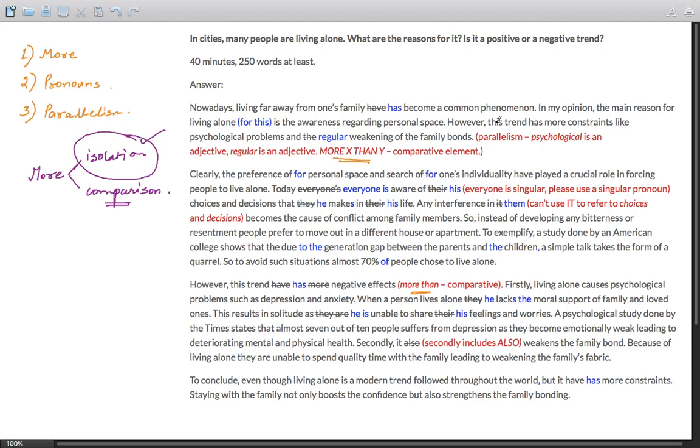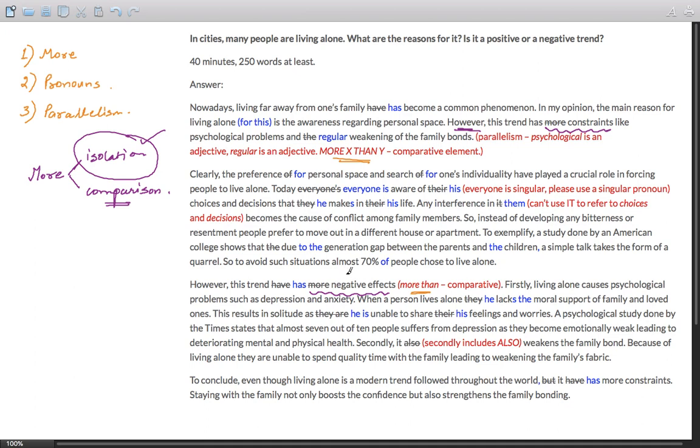So let us go through it. First here: however, this trend has more constraints. Now it seems as if she is trying to say that it has more constraints than something else, but she stops short of that. Similarly: however, this trend has more negative effects. It must be in a comparative sense because this is not a countable thing.